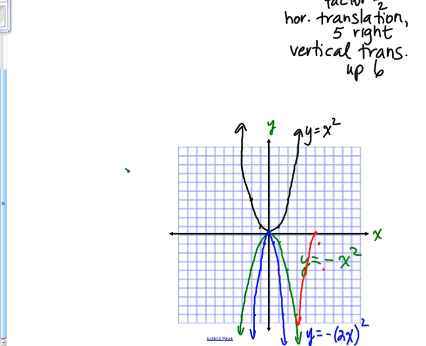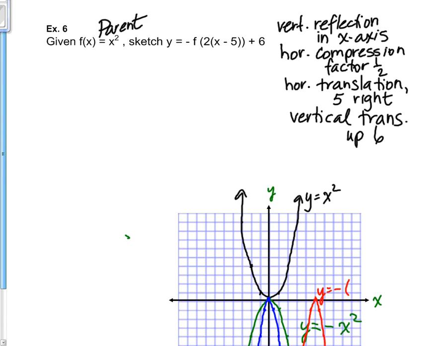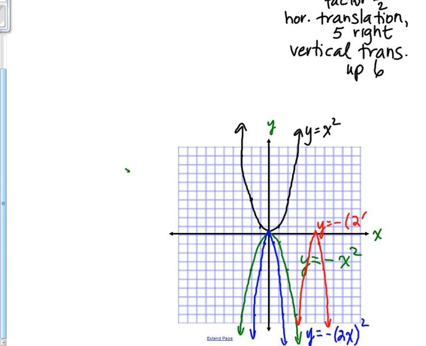It's really hard to get those curves straight. I'm really sorry about that. There we are. We're almost done. We have negative. We have horizontal compression, and at the same time, we have 5 to the right. I would write it like they have. Like that.